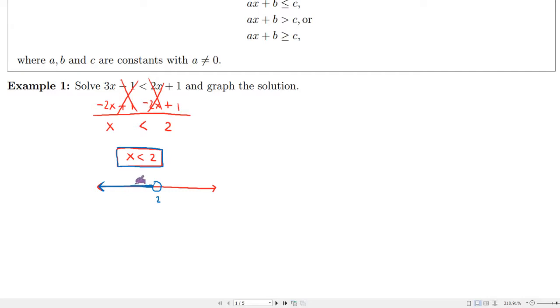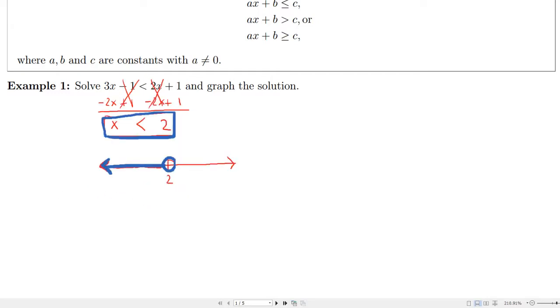So for example, the value 0 is over here. Right, so the value 0 is strictly less than 2. So we'll use open circles to denote that we're not including it. And another way that we can represent this is using interval notation.